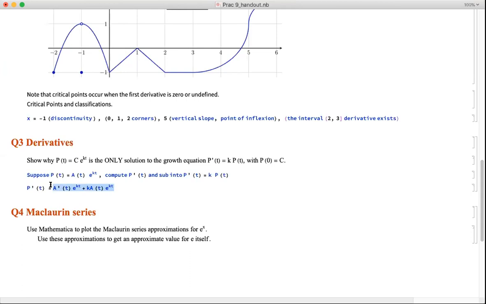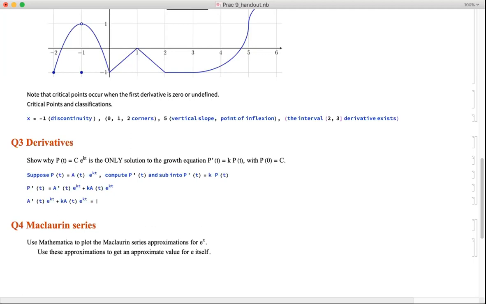So equating that, we get the terms with k. Okay, now what do you notice?